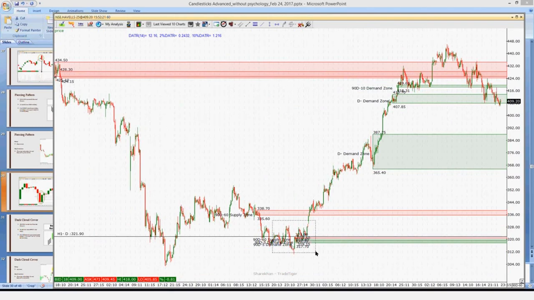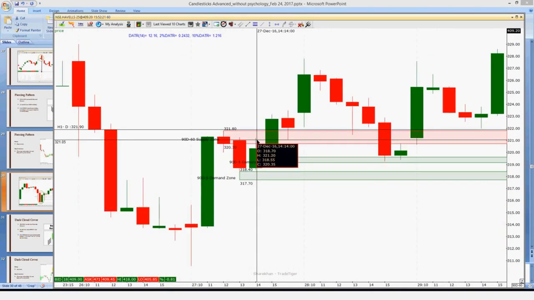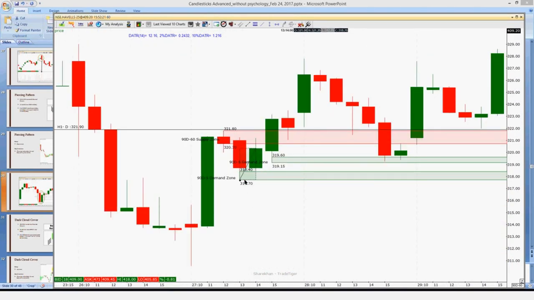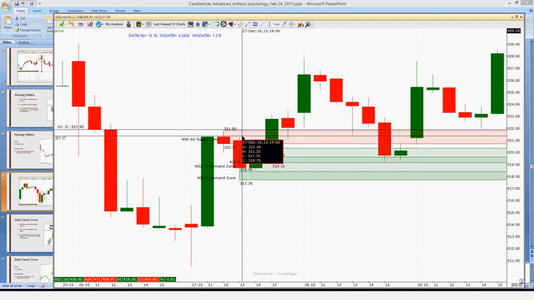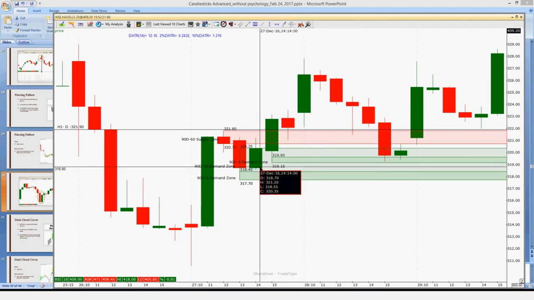Now, can you see this? This drop base rally engulfed that rally base drop. The pattern was confirmed on 27th of December, and at the same time, when the day closed, I had that engulf on the lower time frame, on the 60-minute chart.